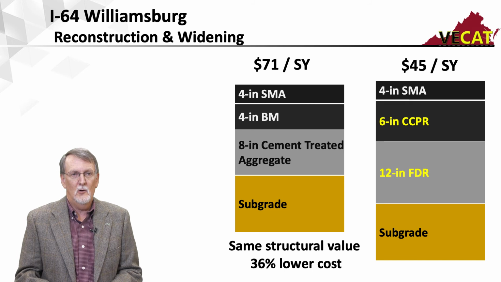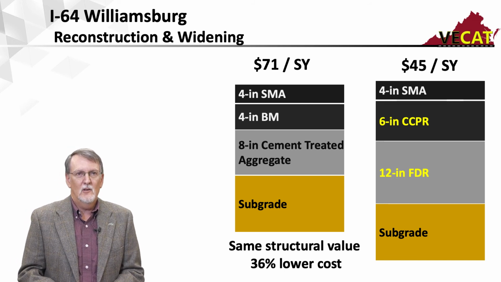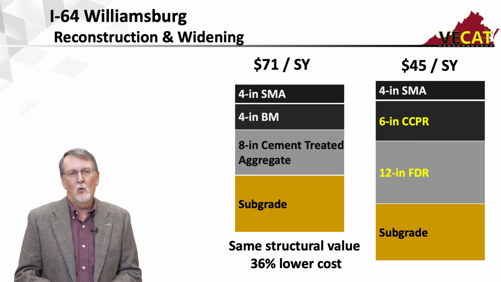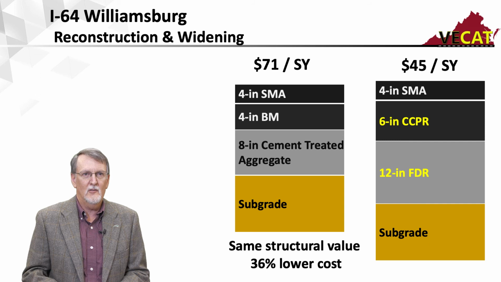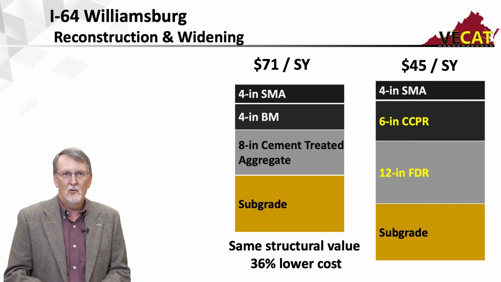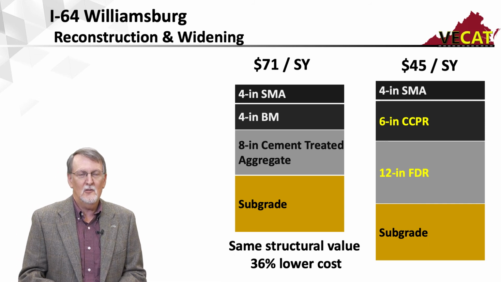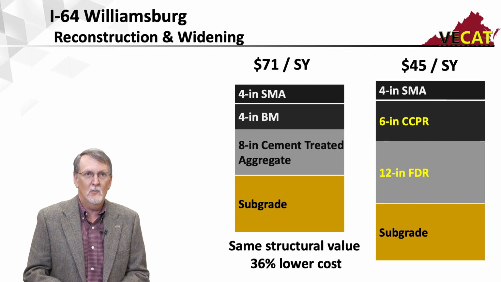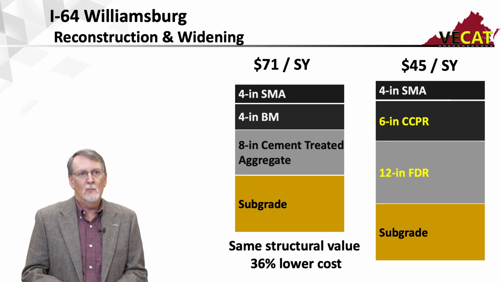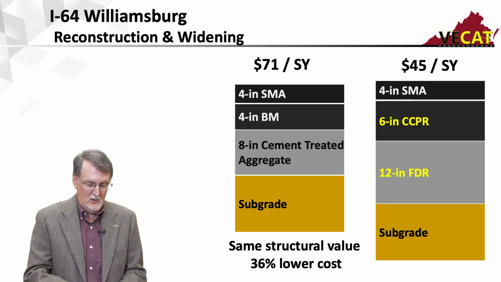The counter proposal was, let's just do FDR. So they did 12 inches of FDR. They imported a little bit of material in that, so it was kind of a mechanically stabilized FDR. And then they put 6 inches of cold central plant on top of that, and then 4 inches of SMA. So they had the same structural value, but 36% lower cost.